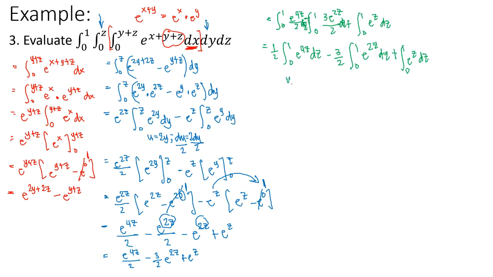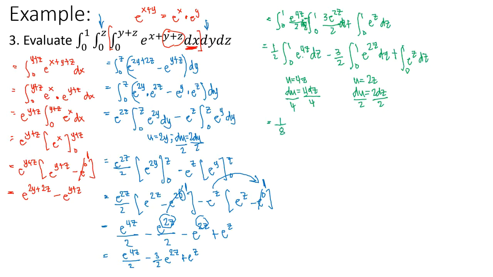So u here is 4z. So du is 4dz, so divided by 4. And then for this one, u here is 2z. du is 2dz, divide by 2. So 1/4 times 1 half, that is equivalent to 1/8.